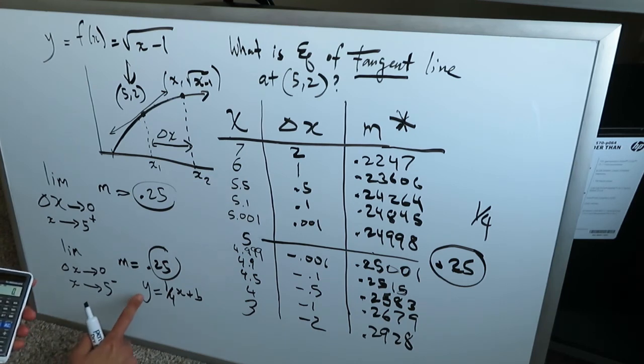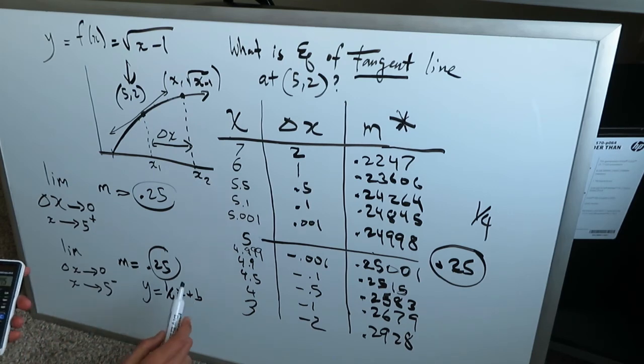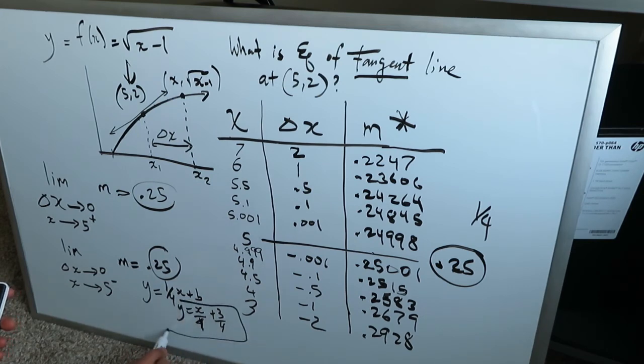I'll save that, and then I have a y value of 2. 2 minus that value, I get 0.75. So my final equation is y equals x over 4 plus 3 over 4. That's my equation of the tangent at 5 comma 2.